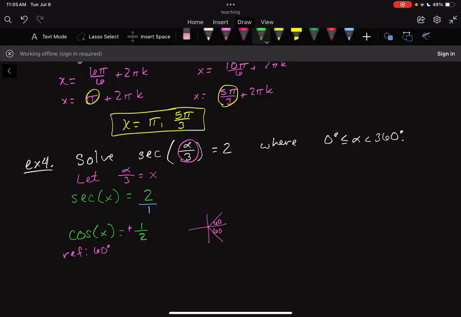So for my x values here, I get 60 degrees plus 360k, and I get 300 degrees plus 360k.